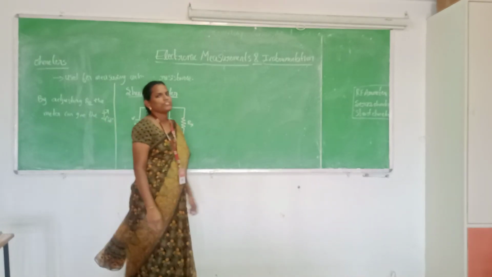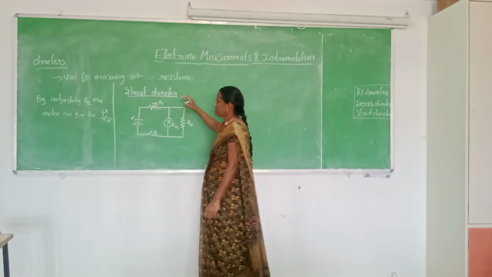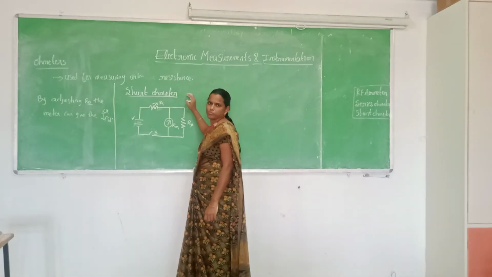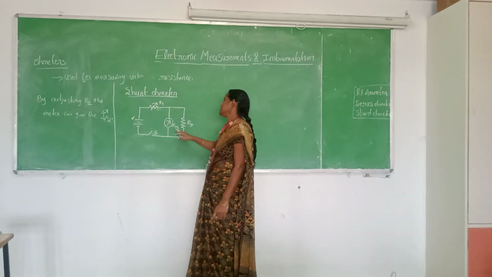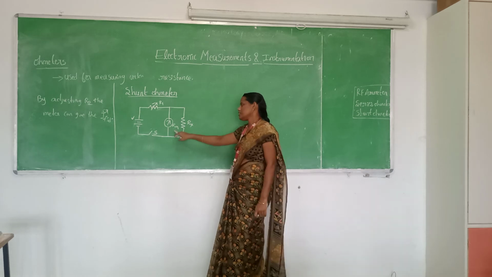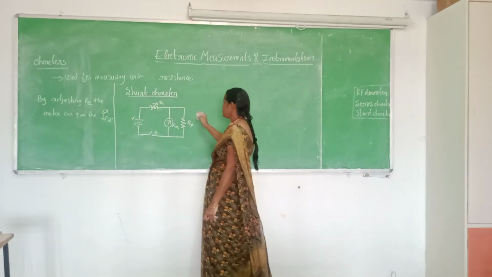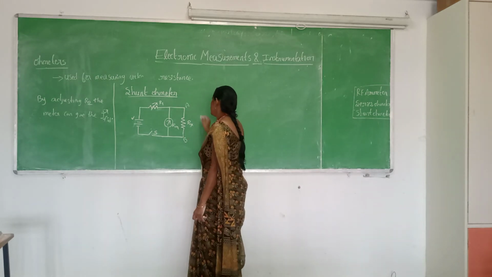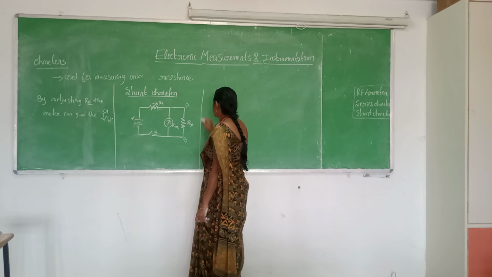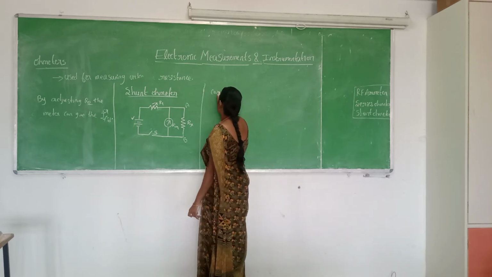The main difference between the series ohmmeter and shunt ohmmeter is that in the series ohmmeter we place the PMMC in series with the resistance R1, whereas in this case the PMMC meter is placed in shunt with the unknown resistance Rx. Let us consider the two points A and B like we did in the previous session.